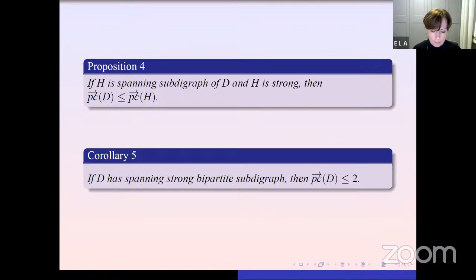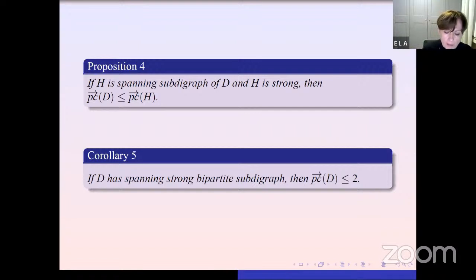As we observed before, if we add an arc to a strongly connected digraph and color it arbitrarily, then we result in a properly connected digraph. This means if in our digraph we choose a spanning strong subdigraph and color its arcs in such a way that it is properly connected, the remaining arcs of the digraph we can color arbitrarily.